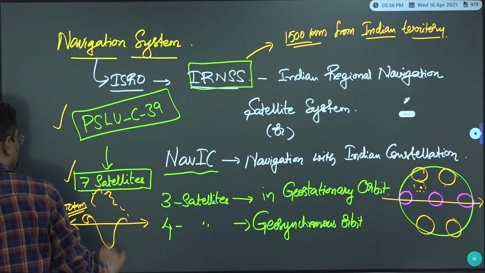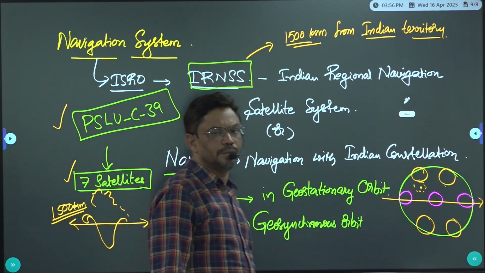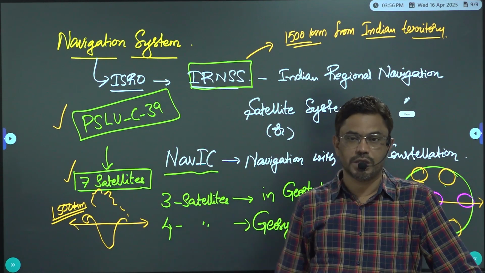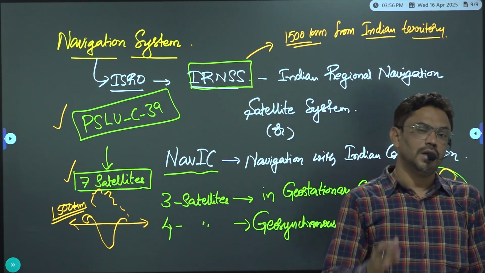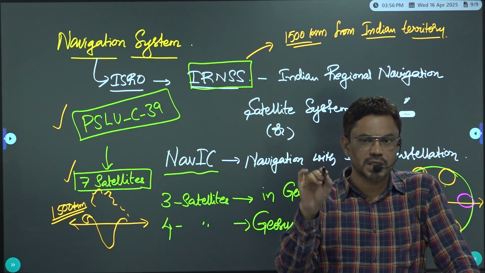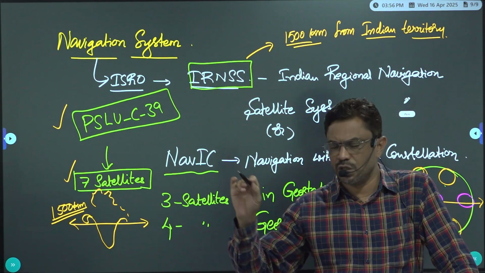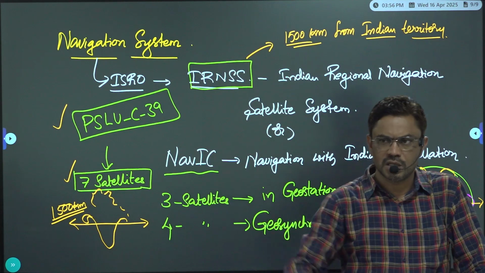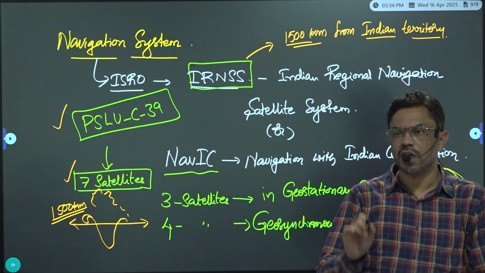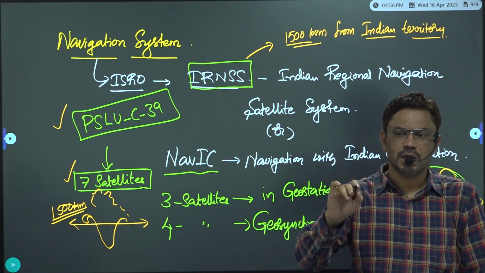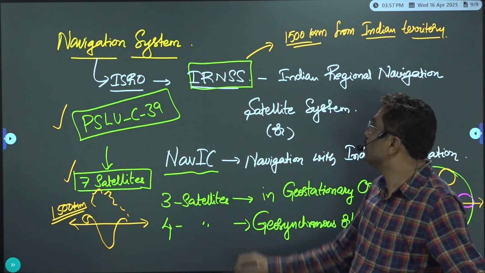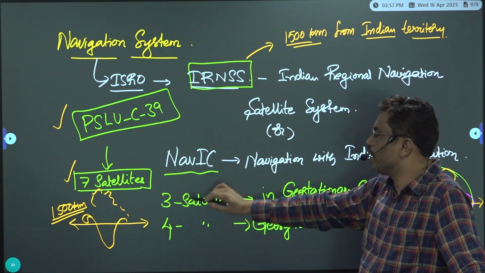This was given in a previous exam. Which of the following statements is correct about IRNSS? In the IRNSS system 7 satellites have been launched, 3 in geostationary and 4 in geosynchronous orbit. That option was correct. The second option said the range of IRNSS is 5,500 kilometers. That was the wrong option. It has a range of 1500 kilometers from Indian boundaries.